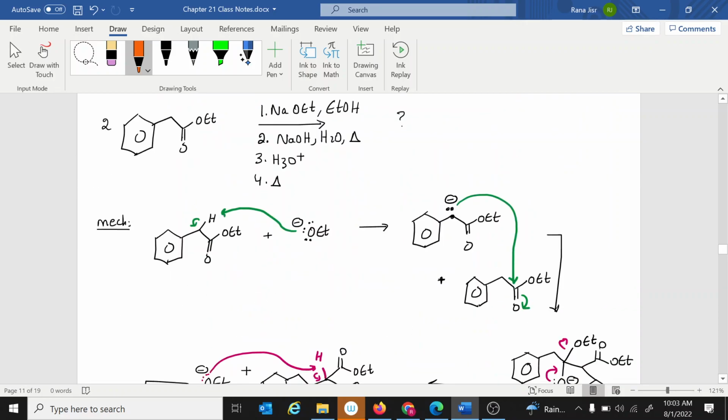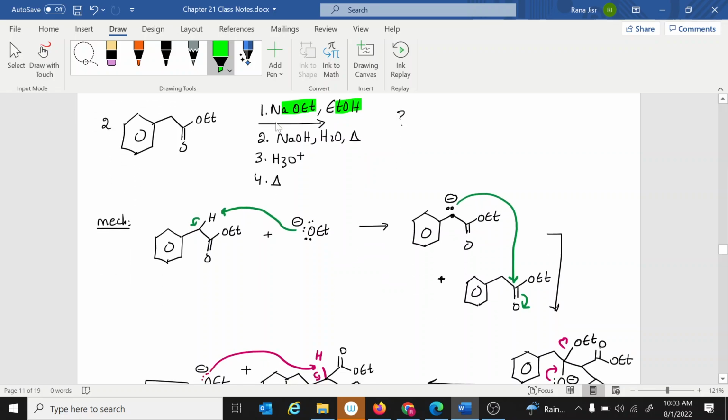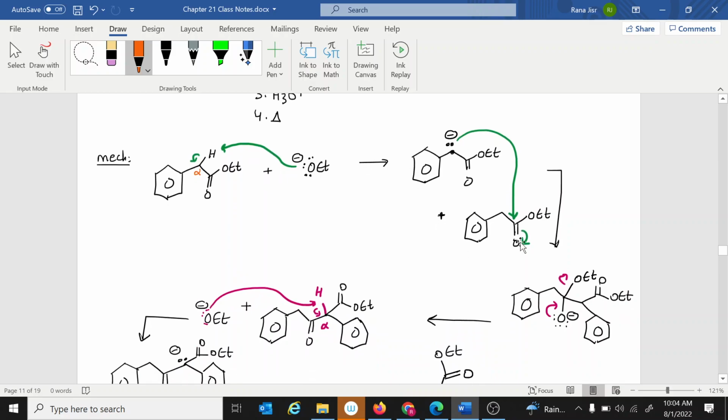Another example of a Claisen condensation. Now I've put everything together. See here, I do have my base and I do have my solvent in this case. They are next to each other. Every base should have a solvent in there because the solvent is a must here. So the base is going to come, take the alpha hydrogen of the ester, create the enolate, and we're going to react it with another ester in there, form a negative charge, and then the negative charge is going to close, and the O-ethyl is going to leave.